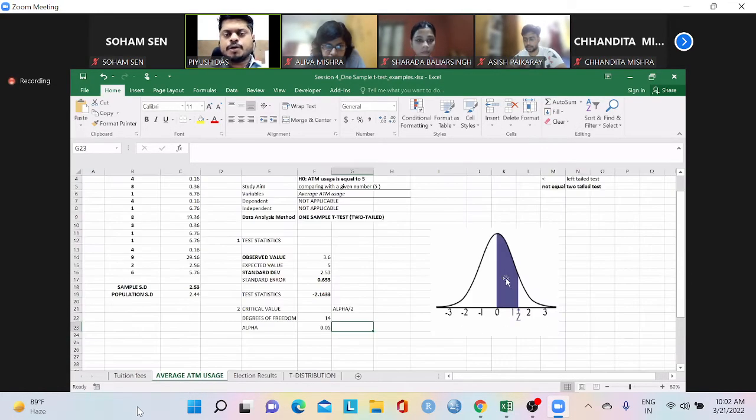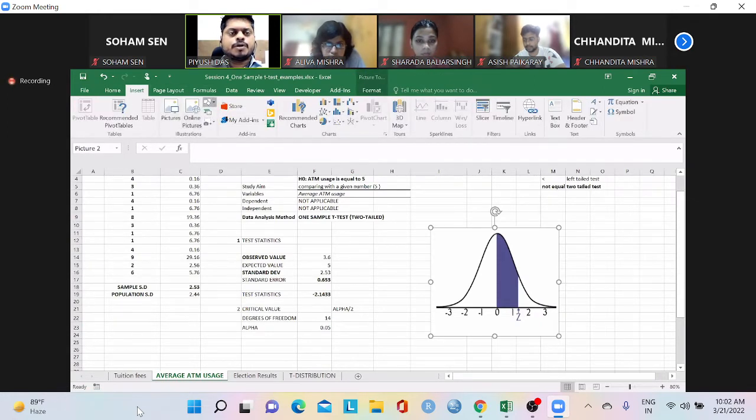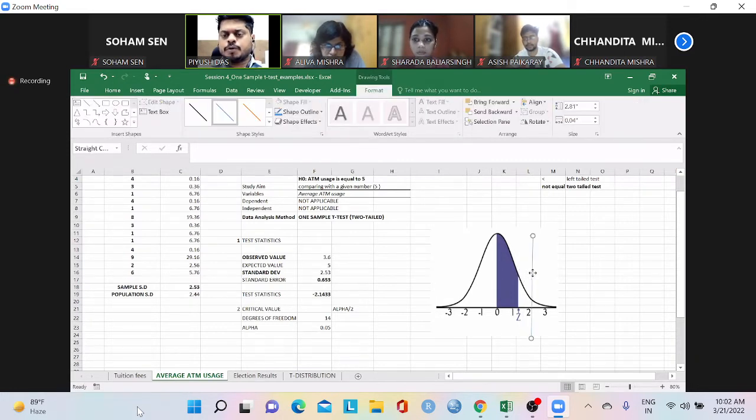2.145, right? So now I'll go again. Like I said, no need to always create it, but it is always better to look into it visually, right? So how much value came? 2.145. But remember, it is for both the directions.